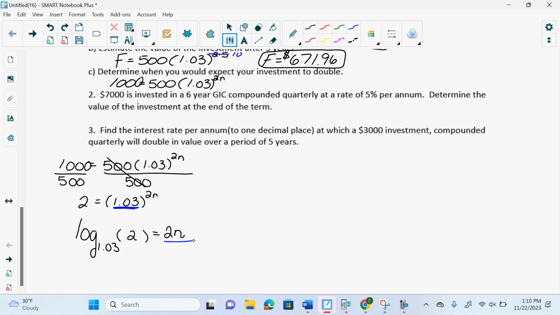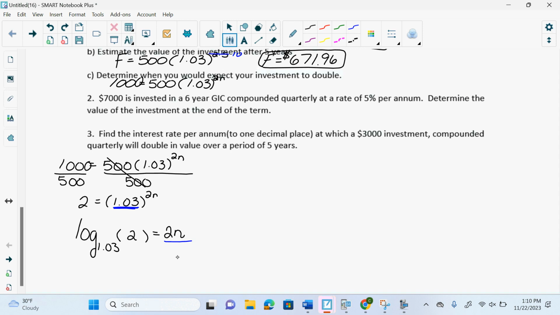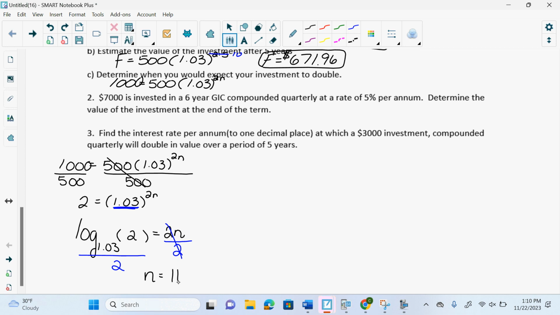Divide by 2. Everyone's typing it in to see if they can get the actual answer that I get. So it would take 11.7 years to double.